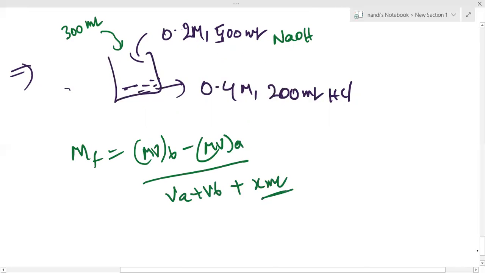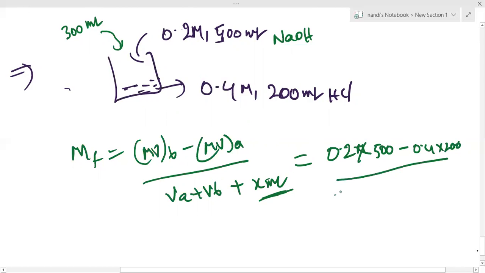This is the extra added solvent. If you are adding extra solvent, we consider it here. If they are not giving it, you can ignore it. So here 0.2 into 500 minus 0.4 into 200, by total volume 500 plus 200 plus 300.